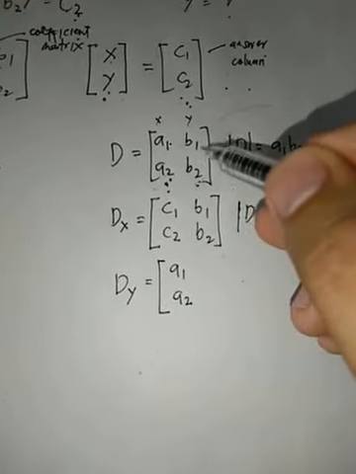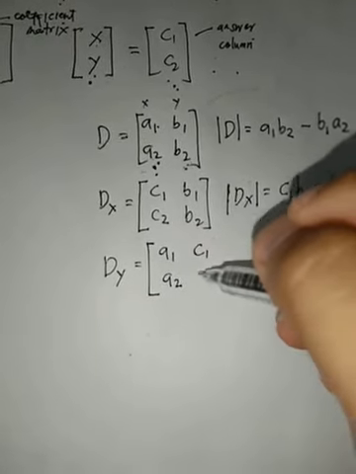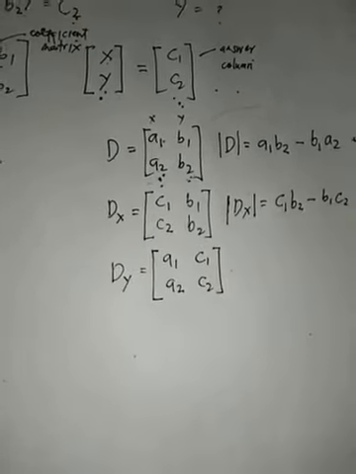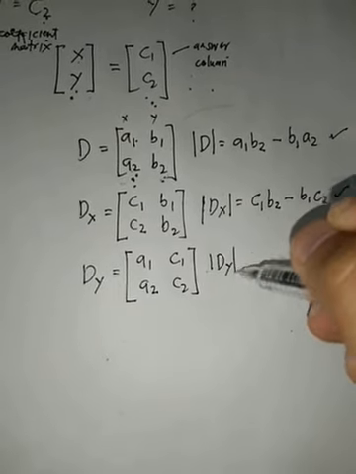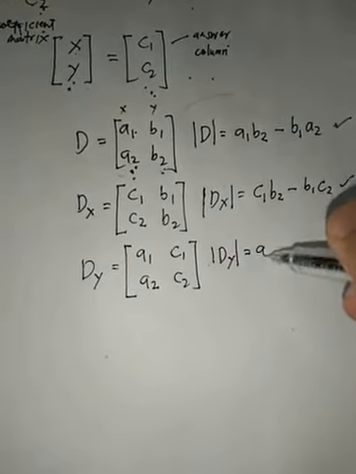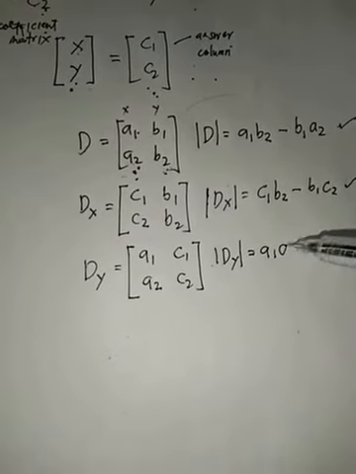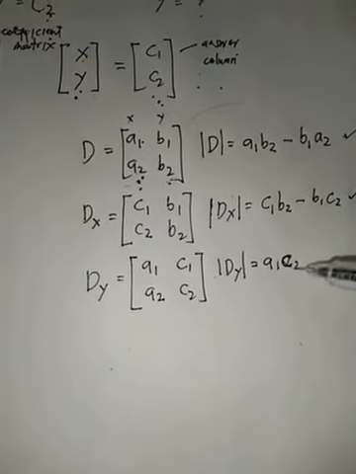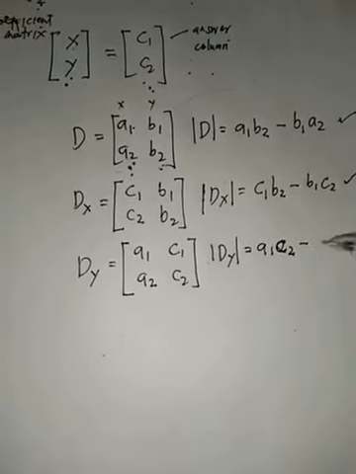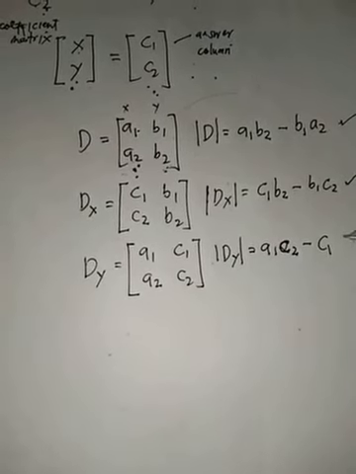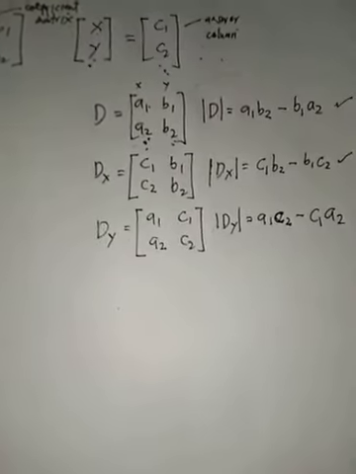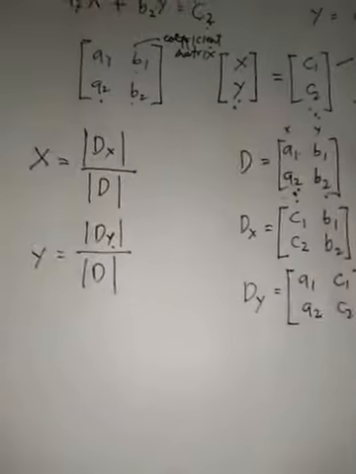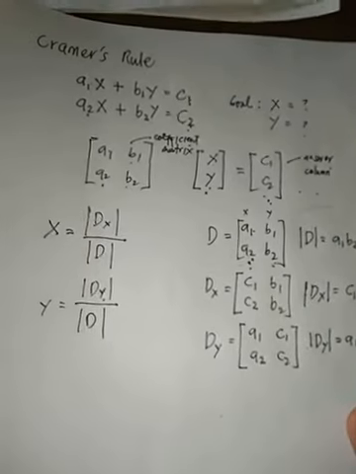Since determinant siya, so therefore, A1 times C2 minus C1 times A2. Yan. Okay? So, ganun siya. So, yun yung kanyang sistema.